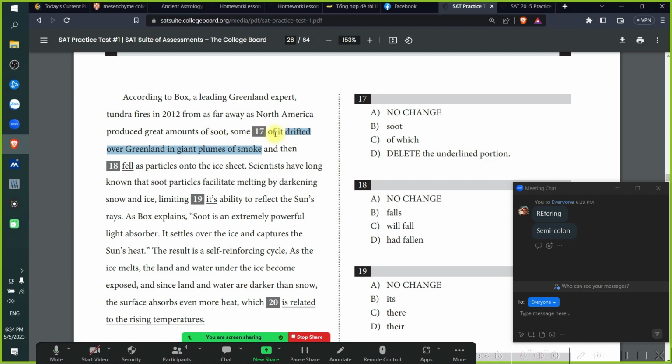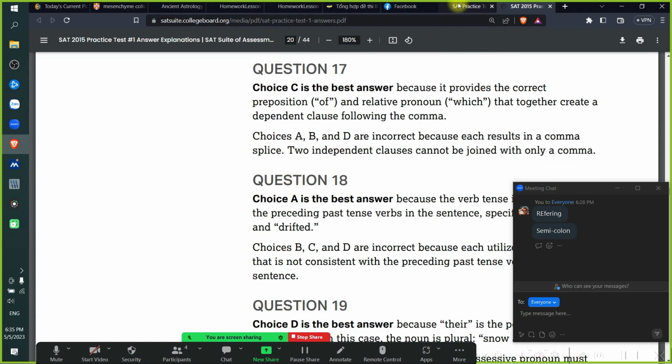Cái chỗ này nó nói về cái tính chất của cái soot này, đó là nó cứ trôi dạt trên khắp Greenland ở những cái đống khói mà bự. Nói về tính chất cho nên là nó phải là một phần mệnh đề quan hệ, đúng không? Nó phải là which. Here they try to give information about what soot, so that's why it's part of like a kind of relative clause, you know. So some of it should be changed to some of which. Very good.